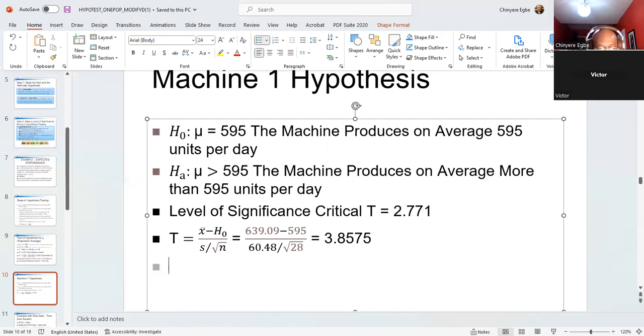So now the decision rule will be: if T is greater than or equal to T star, reject the null hypothesis.